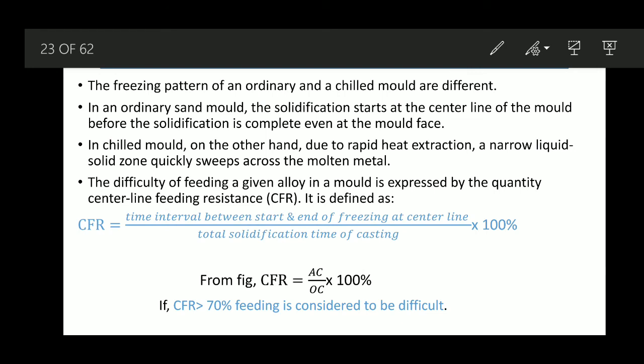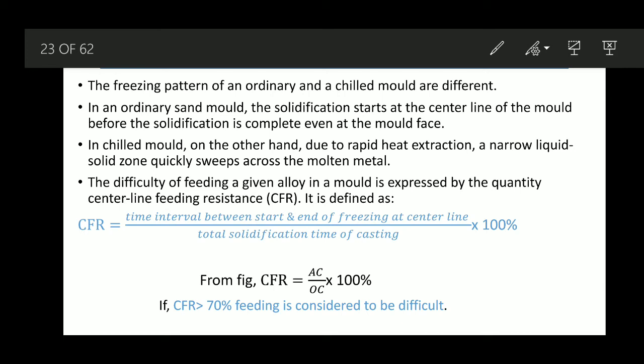Now if CFR is greater than 70%, feeding is generally considered to be difficult, and that is why knowledge of this freezing behavior and the CFR is important. Otherwise, if in your design the CFR becomes more than 70%, it will be very difficult to feed the molten metal to the mold cavity.